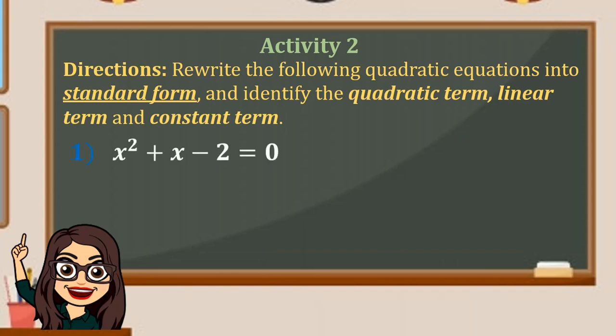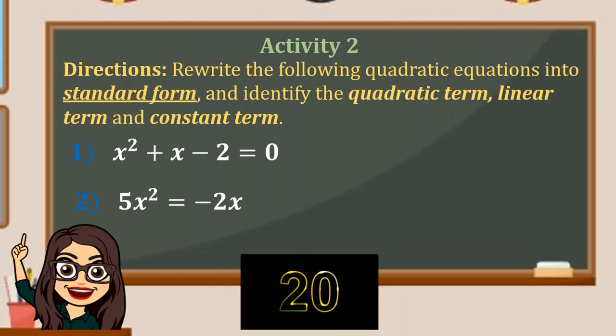The first equation is x squared plus x minus 2 equals to 0. Second equation, 5x squared equals negative 2x. Again, i-identify nyo lang what are the different terms, si quadratic, si linear, tsaka si constant term. Make sure na naka-standard form na yan yung mga equations bago nyo ma-identify si terms. For this activity, I'll be giving you 20 seconds. Time starts now.